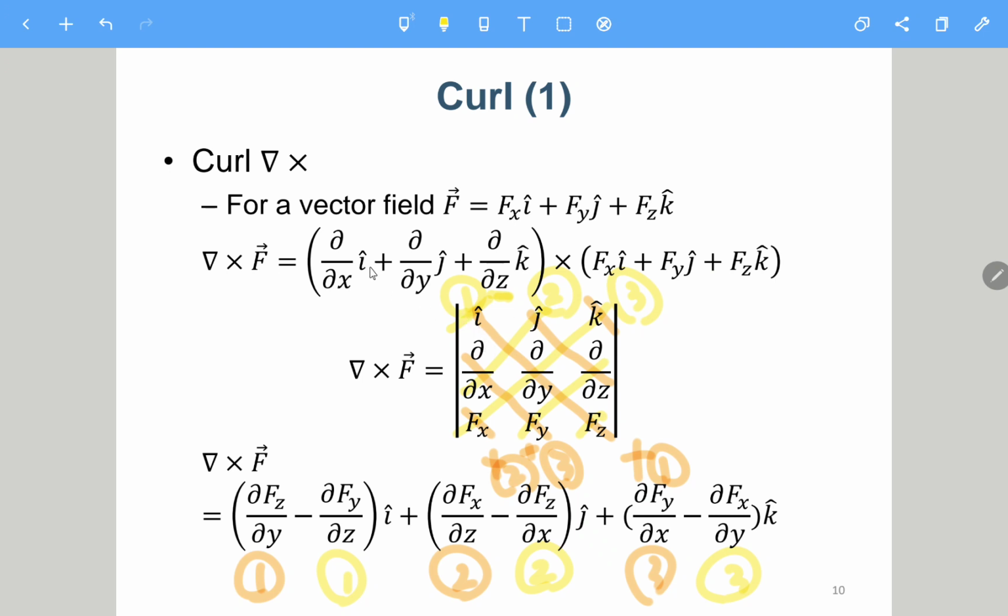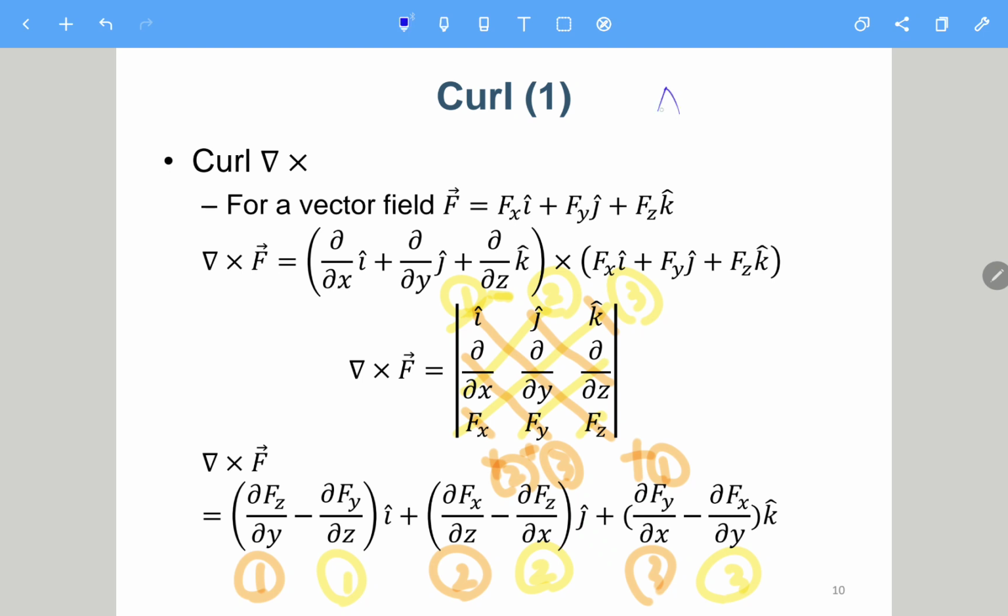So you write it like i hat, j hat, k hat, and then the components of the first vector, partial x, partial y, partial z, we put here, and then fx, fy, fz, we put here. If you just reverse it, then you have a negative sign, which means that when we consider the cross product, the order of the operands is important.